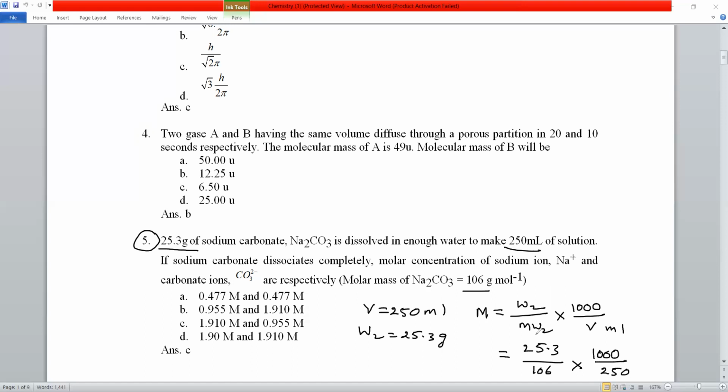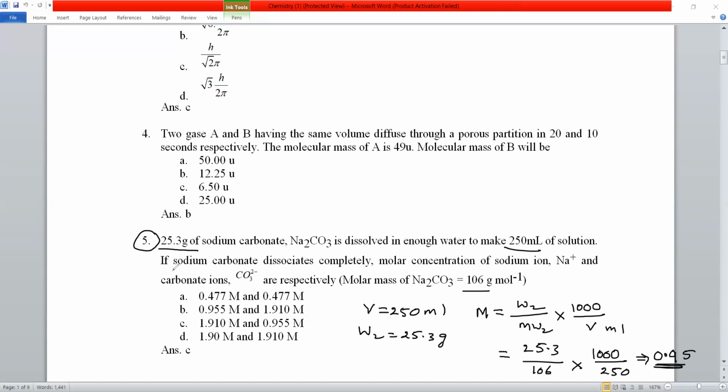On simplification, you will get the answer 0.95. 0.95 is the molarity of the Na2CO3.